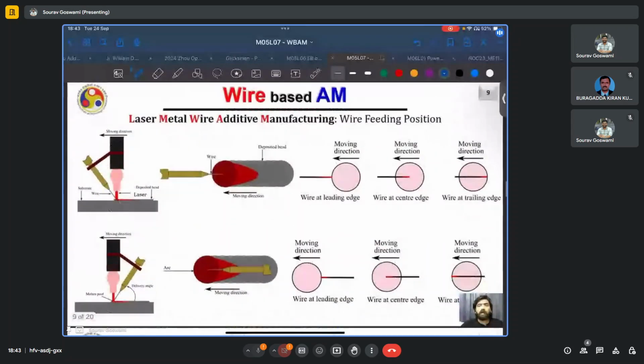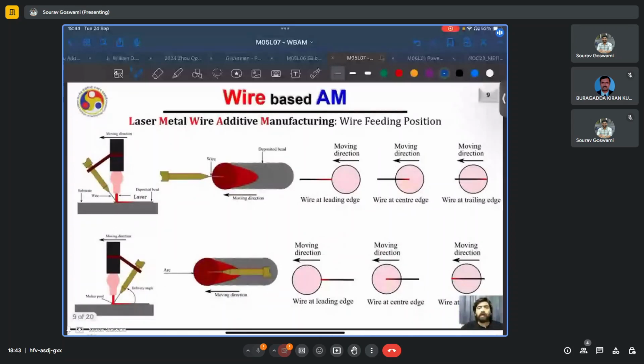Yes. So depending on the relative position of the wire as it is entering the melt pool, it can start melting either at the leading edge, so somewhere here, and get deposited there itself.